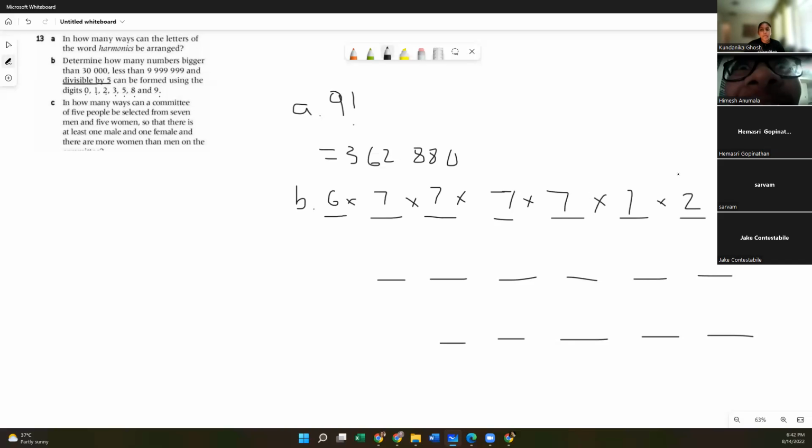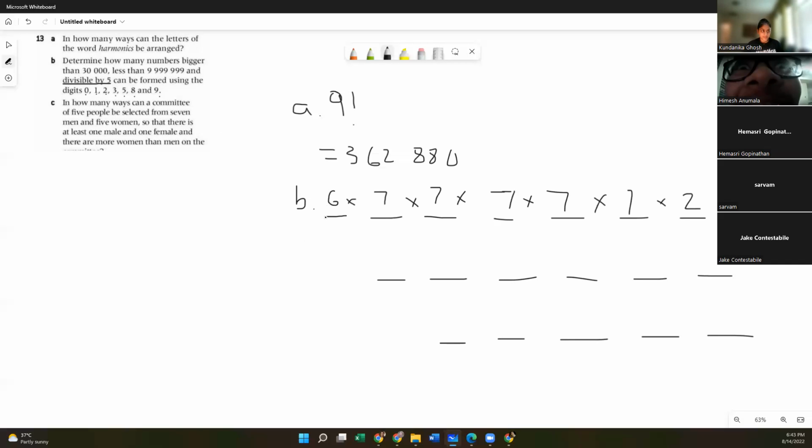Okay, so if you have a number in this kind of problem, you can't have 0 as the first digit of your number, okay? Because there are 7 total digits, but 0 is one of those digits, 0 is not an option for your first seat.